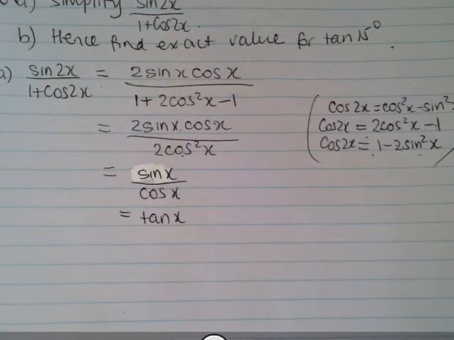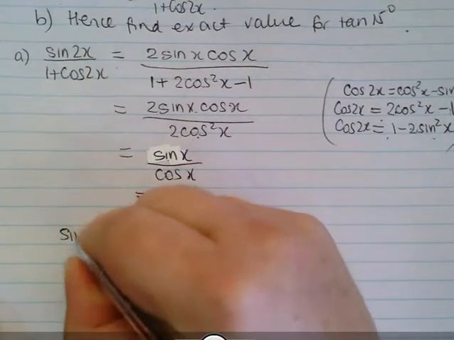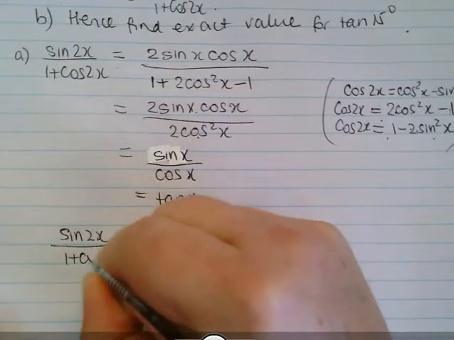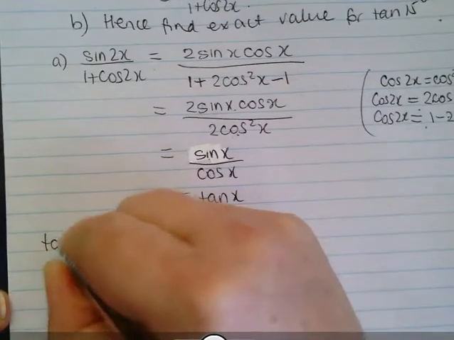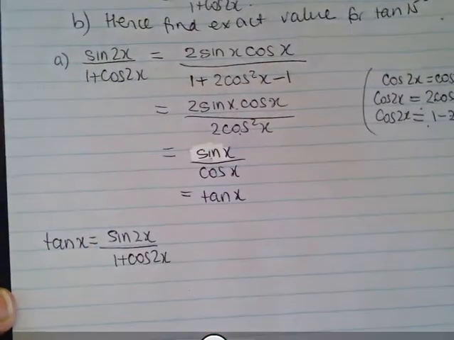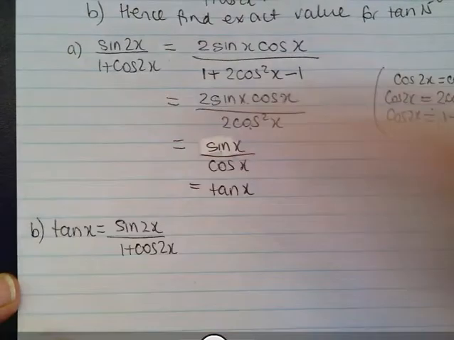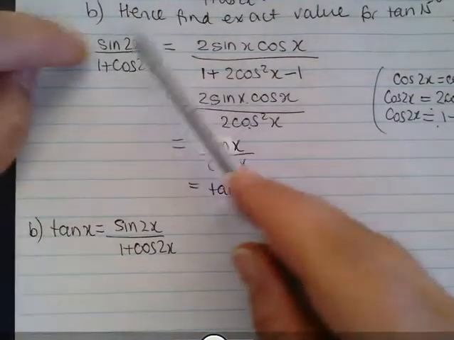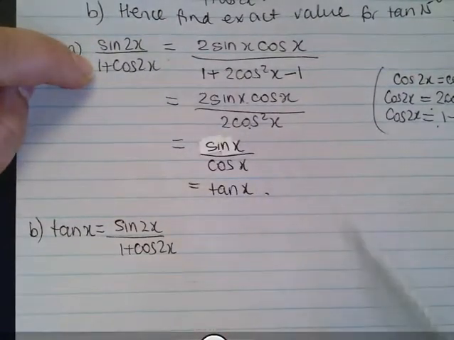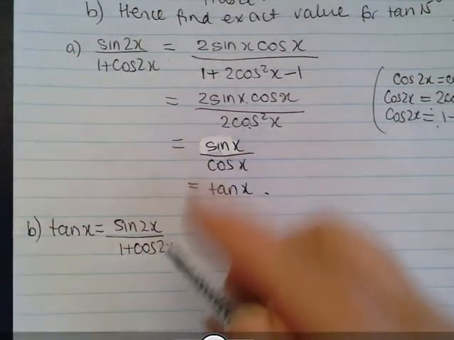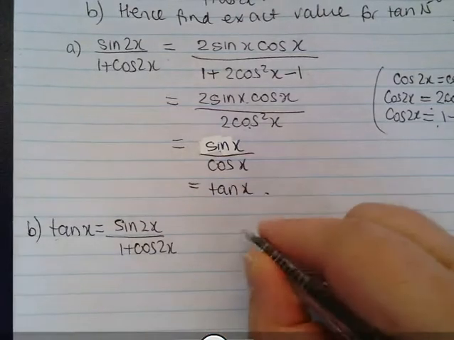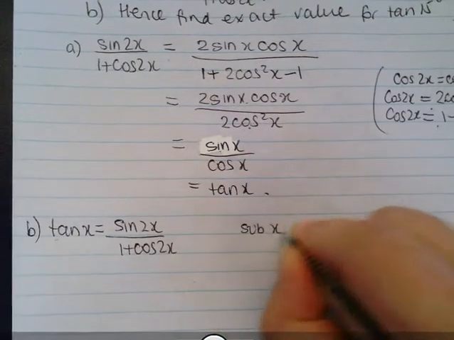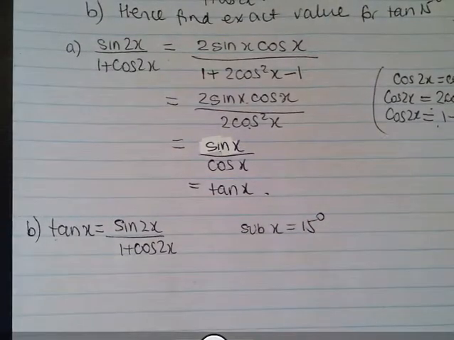So the question is, hence evaluate, find the exact value for tan 15. So what we do, we write it all out again. For part B, hence evaluate tan of 15 degrees. Find the exact value. I know that sine of 2x over 1 plus cos 2x equals tan x. So I'm going to substitute x is 15 because I'm trying to come up with an expression for tan of 15.